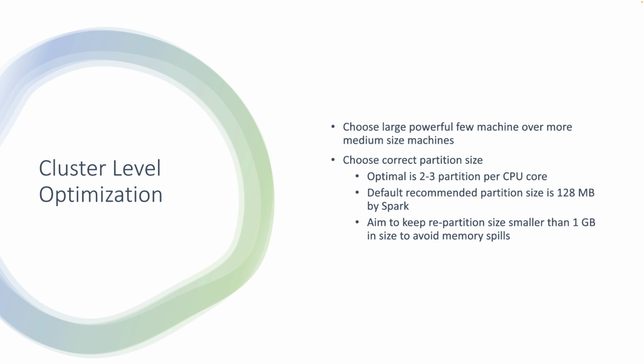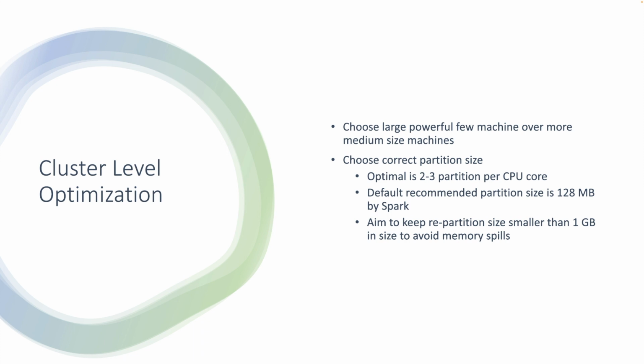And lastly, this is actually cluster level optimization that we are trying to do. We covered a little bit of data frame level optimization and function level optimization and other things. Now we are going to a cluster level and trying to optimize it. A rule of thumb: sometimes people say that because medium powerful machines are cheaper compared to large powerful machines, we're going to form a cluster using medium powerful machines and just hire more of them. But that could be a bottleneck as well, right? Just because there are more machines doesn't mean you're going to get better performance, because network IO is an even higher cost compared to the number of machines that you have.